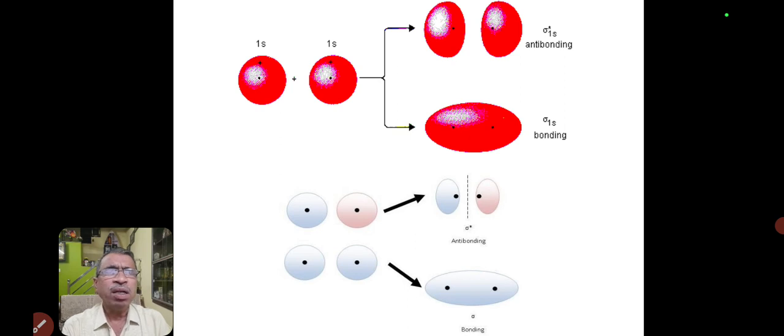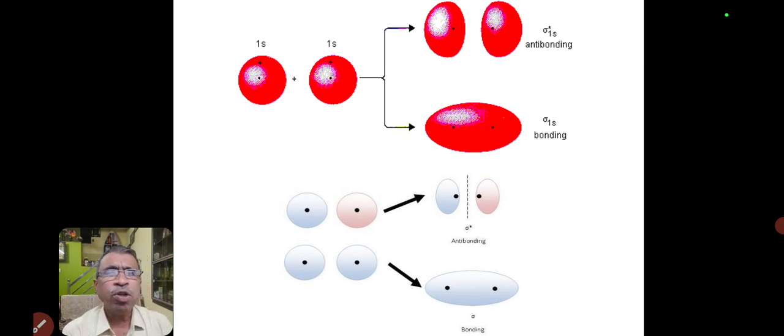Now, when two 1s orbitals come nearer to each other, if the positive part of one 1s orbital combines with the positive part of the other, it results in a bonding molecular orbital where between the two nuclei there is a very high electron density.